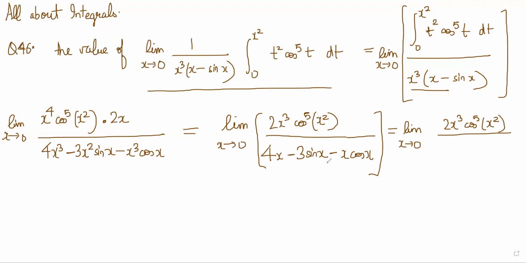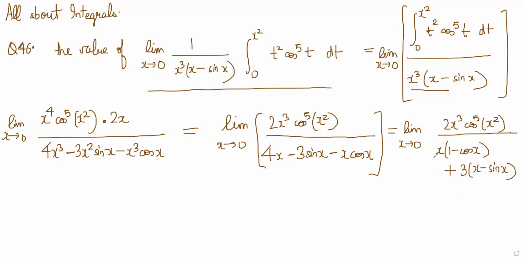So we can write x times 1 minus cos x plus 3x, so 3x minus sine x, right? So this is the expression here.